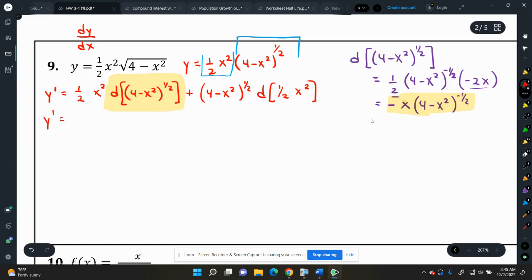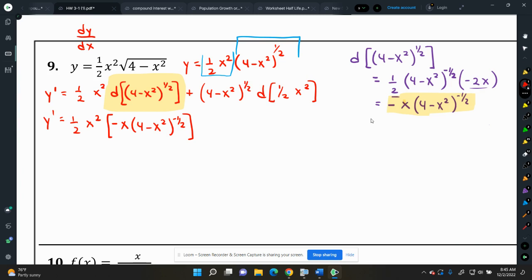So we have 1/2 x squared times negative x times 4 minus x squared to the negative 1/2. To me, taking that little chunk and just going off to the side and working, that makes it so much easier than trying to do it in that big string. Because if you were just writing it out here, you'd have all this stuff and you lose things. You literally lose things.